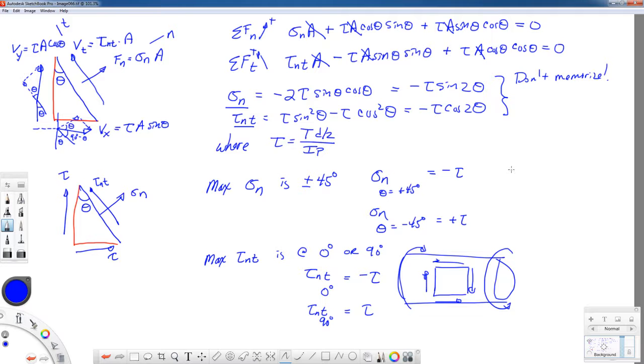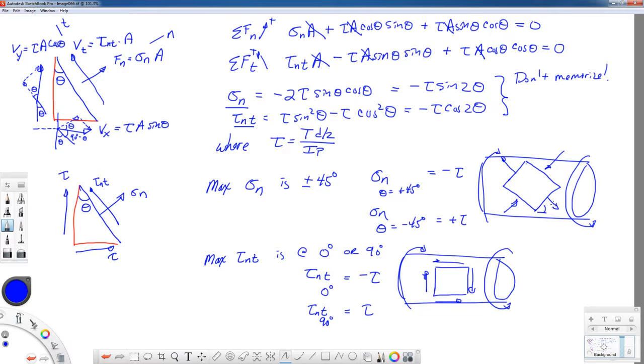And the maximum normal stress occurs at a 45-degree angle to the axis of the bar in torsion. On this face, this would be the plus 45 direction. We have compression, and perpendicular to it we have the tension.